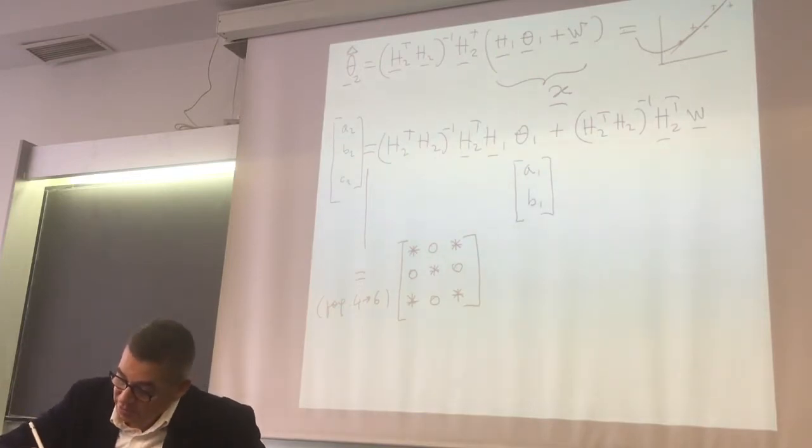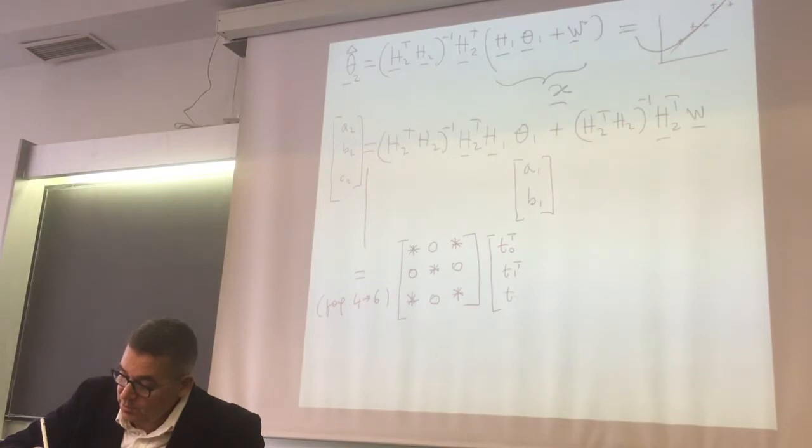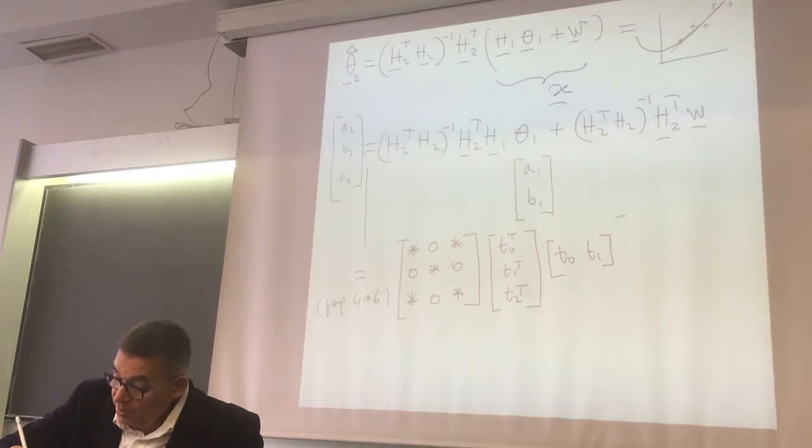Then here, what is H2 transpose H1? So T0 transpose, T1 transpose, T2 transpose, multiplied by H1. And H1 is T0, T1, multiplied by A1, B1, plus the noise.